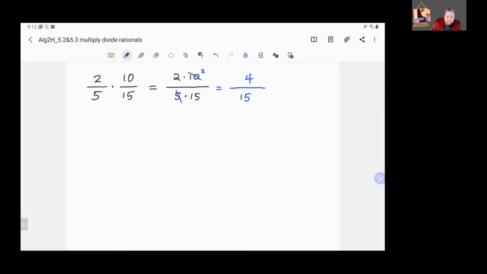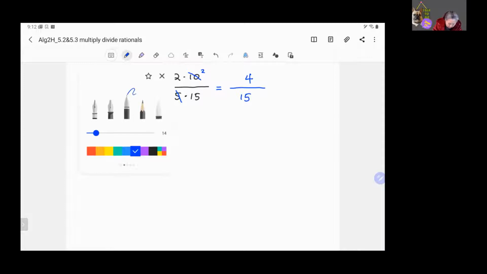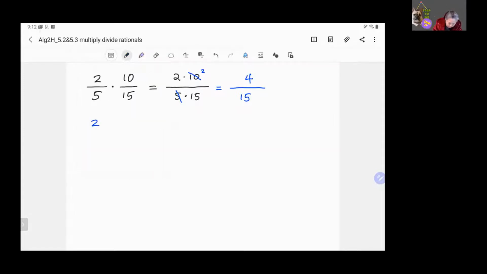Okay, then let's go ahead and try out division. So this is how we multiply the fractions here. And what if we had 2 over 5 divided by another fraction like this?